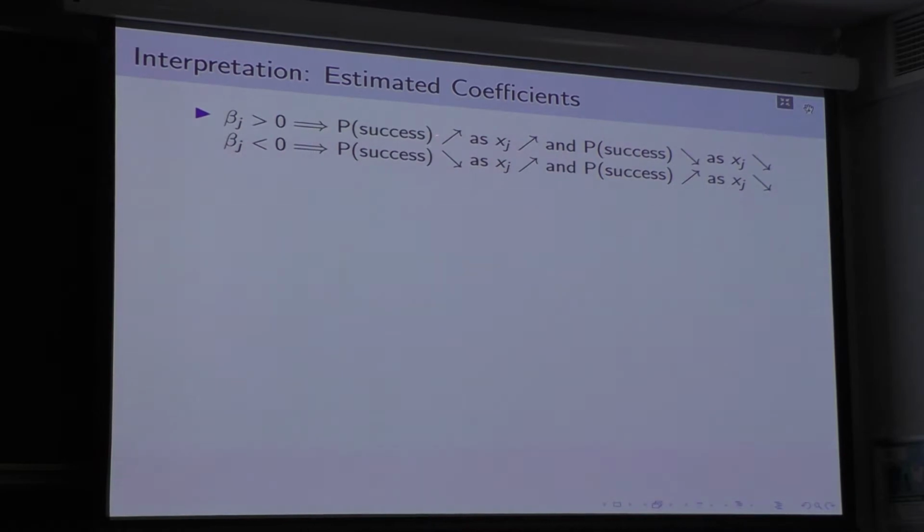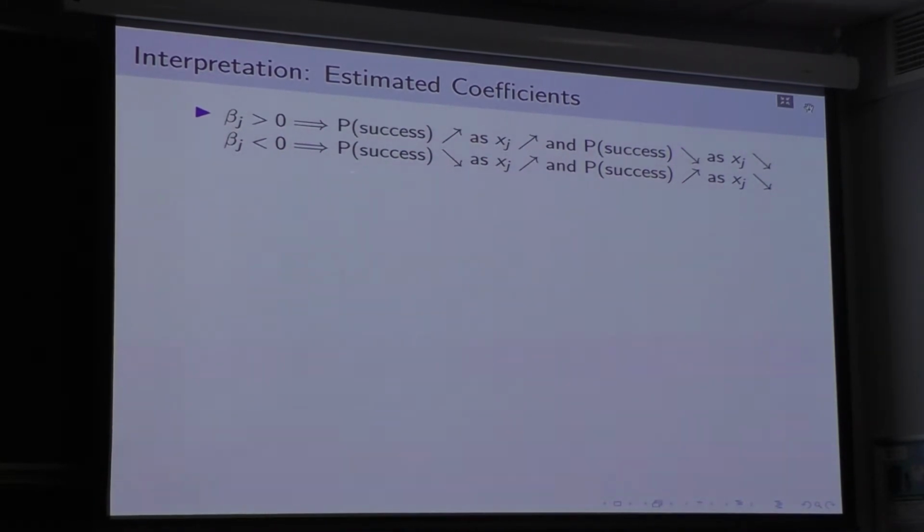It actually maps through to the success itself. Doing the back transforming doesn't change the direction. So if that coefficient is positive, the x variable and the probability of success are positively correlated. If it's positive, they're going in tandem, both up, both down, or if it's negative, they're at odds, so crossed.